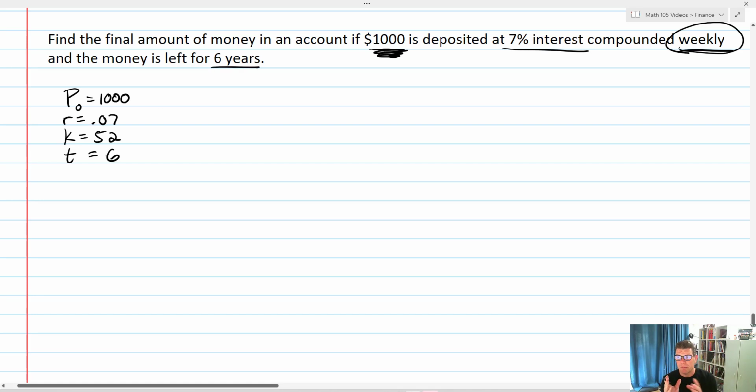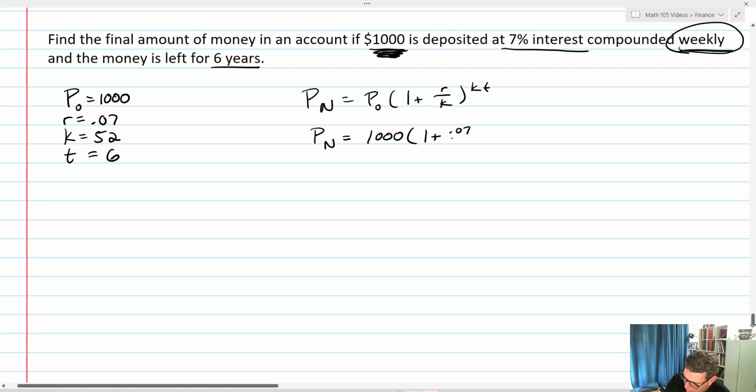Now that I have my information written down, I'm going to put it into the equation. So P sub n is going to equal P naught times 1 plus R over K to the KT. So that means that P sub n is going to equal 1,000 times 1 plus 0.07 divided by 52 to the 52 times 6.